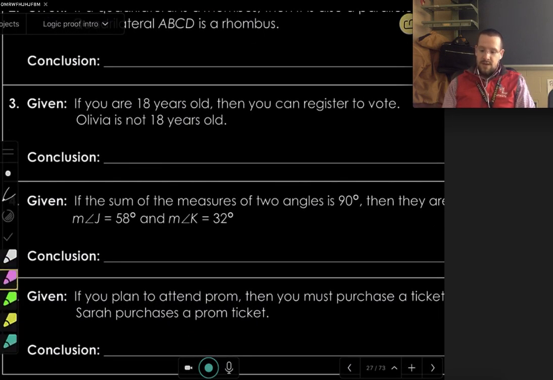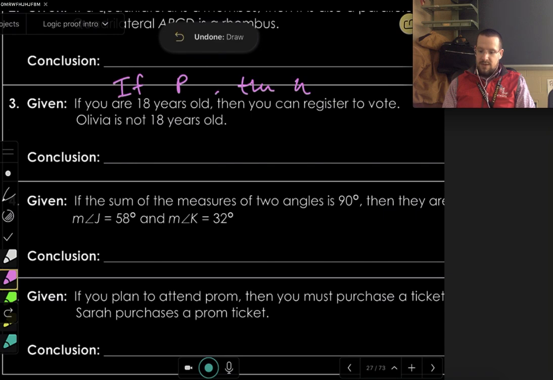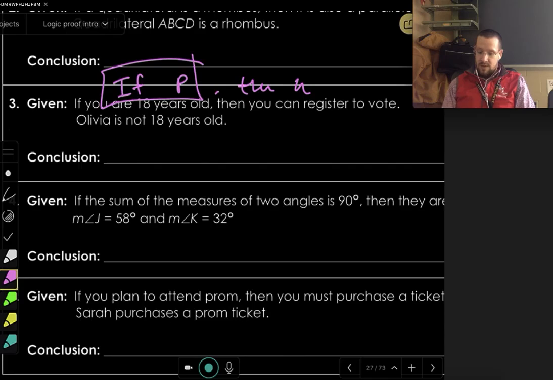Let's look at this one here. It says if you are 18, then you can register to vote. Olivia is not 18. So is P true, right? Well, no, she's not 18. So P did not happen.